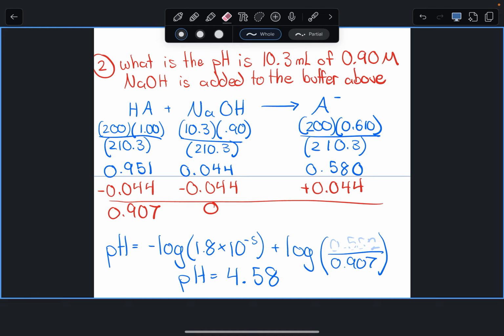That is where the issue is, I'm sure, but I'm still going to keep going through and making sure. 0.907. No, I'm still getting the same answer.